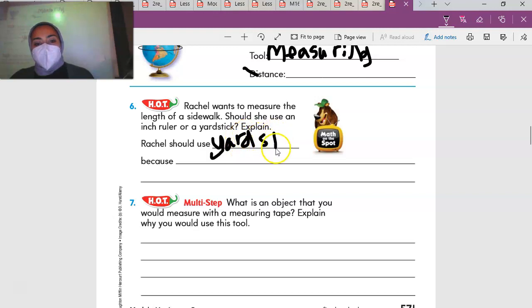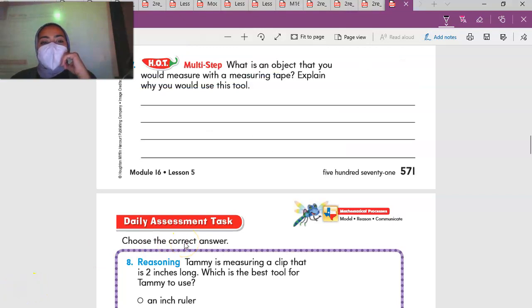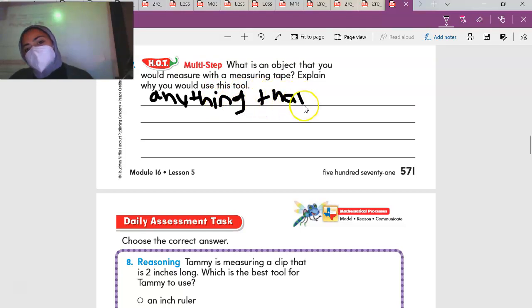Anything that is round, we would measure with a measuring tape, like a sphere or a cylinder.